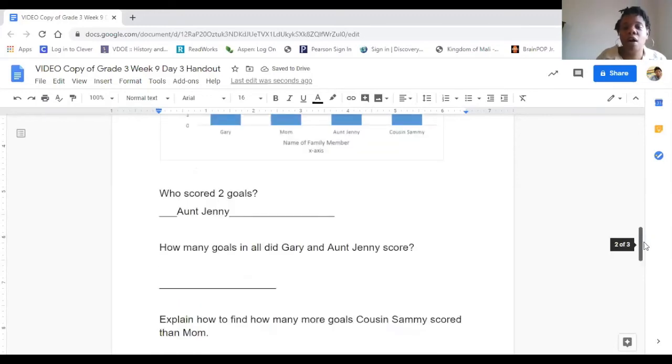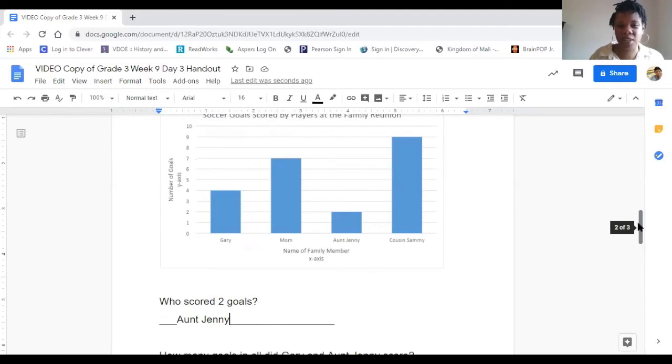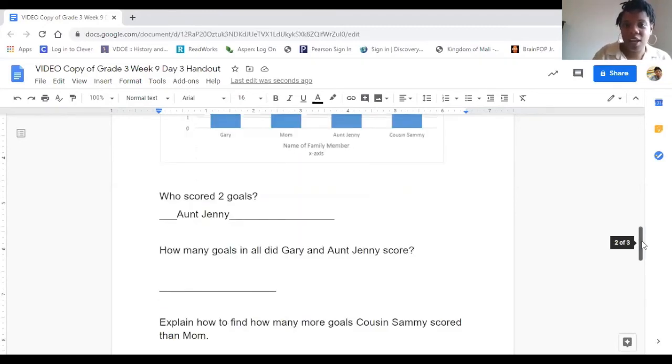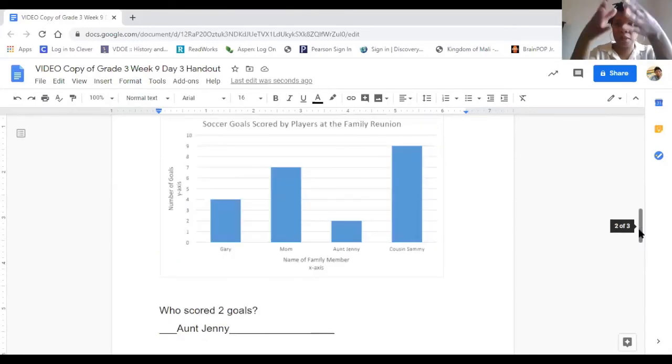How many goals in all did Gary and Aunt Jenny score? In all? So I know that I'm going to have to do some adding because I have to take Gary's goals and Aunt Jenny's goals and put them together to figure out how many they scored as a pair. So here I go. I'm looking at Gary's bar and I see that Gary scored 4 goals.